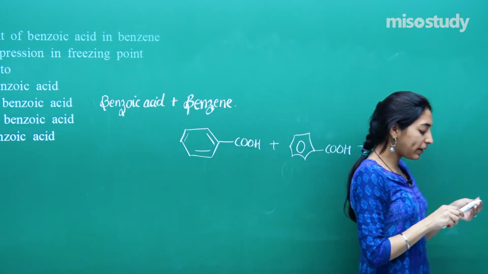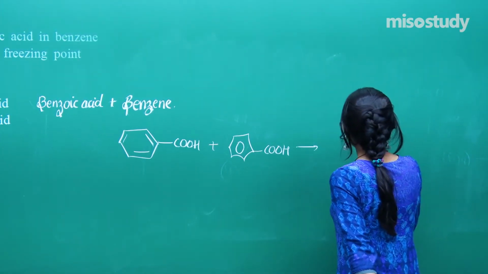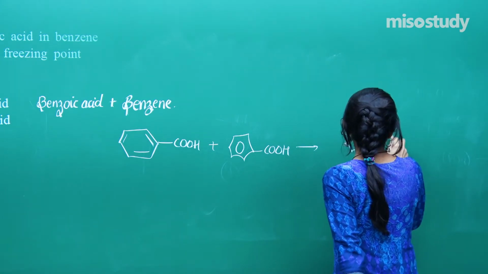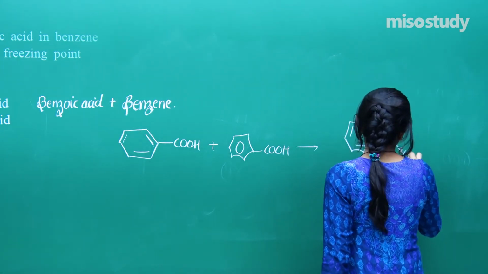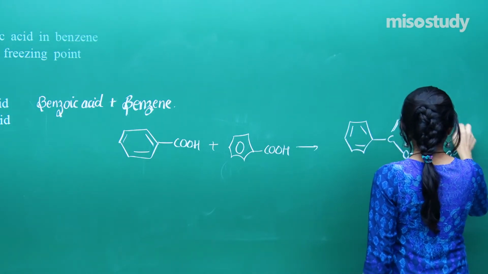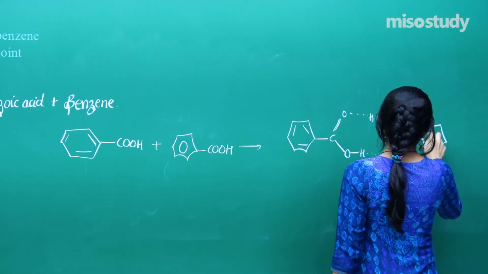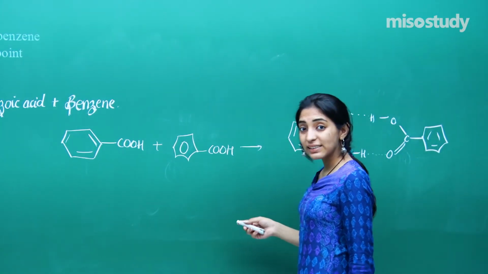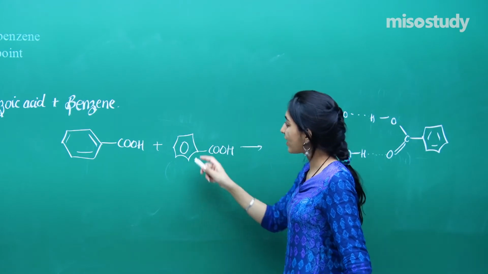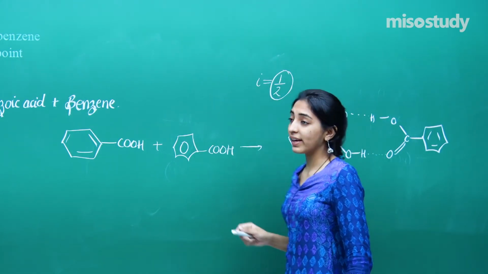So when you take benzene as solvent, it will combine with benzoic acid and lead to the formation of a dimer. So it is basically because of dimerization that the number of particles changes, so i will be 1 divided by 2, you can take i as half.